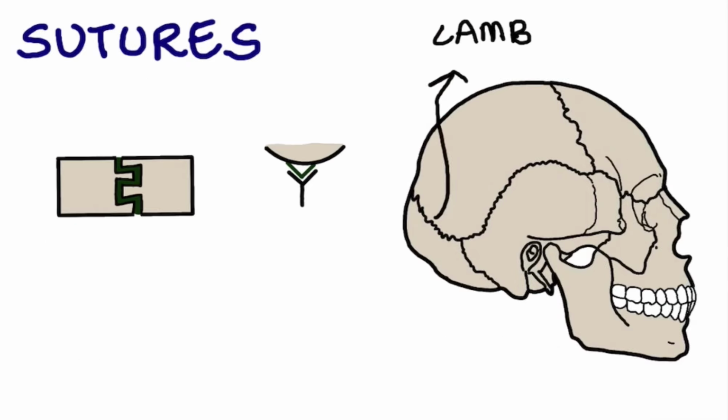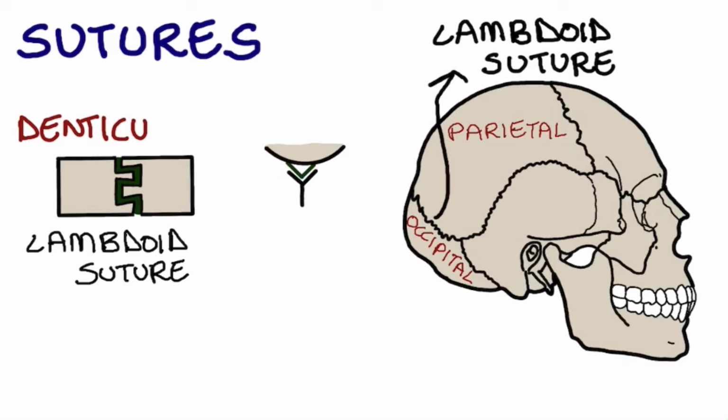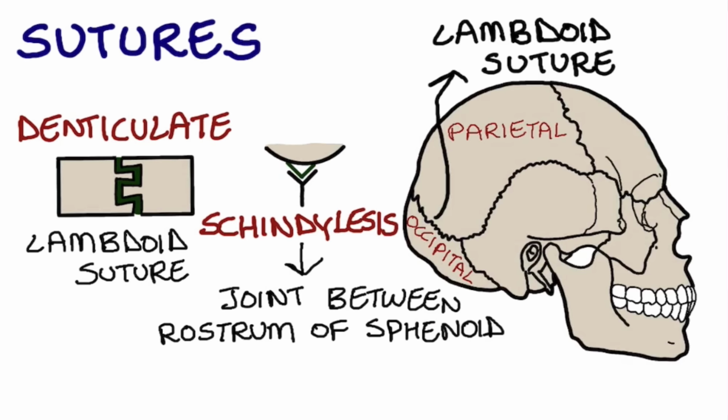The lambdoid suture present between the parietal bones and occipital bone is an example for the denticulate type, and the example for schindylesis type is the joint present between rostrum of sphenoid and upper border of vomer.